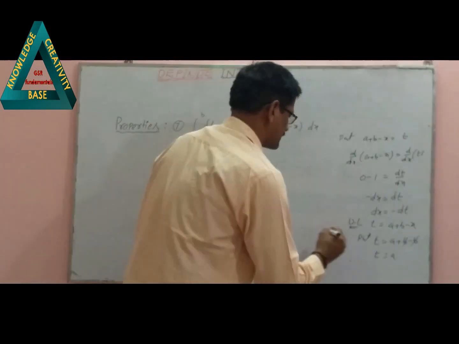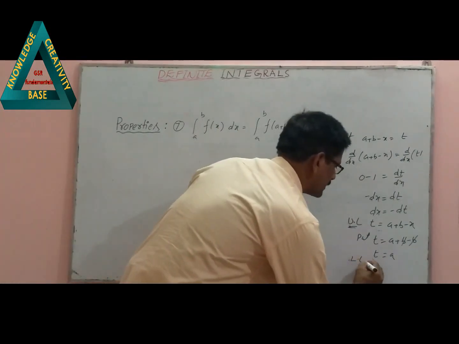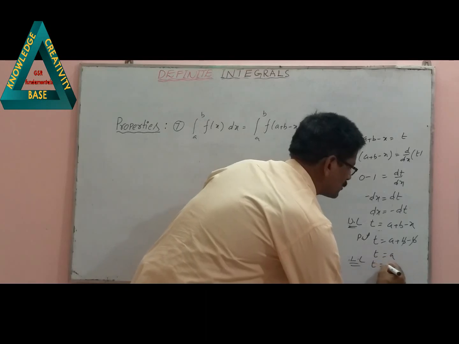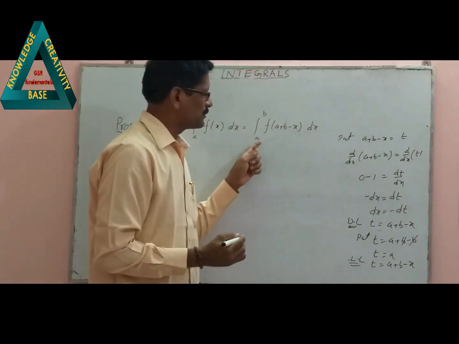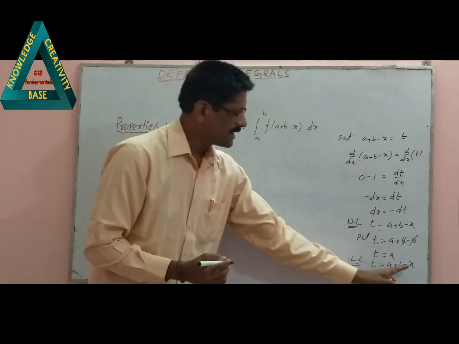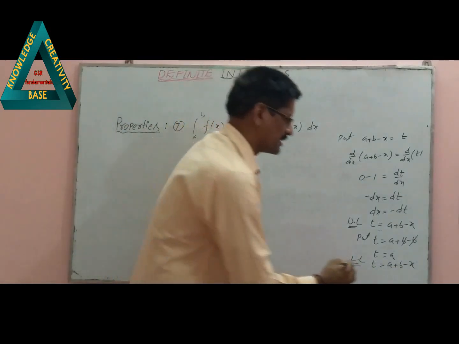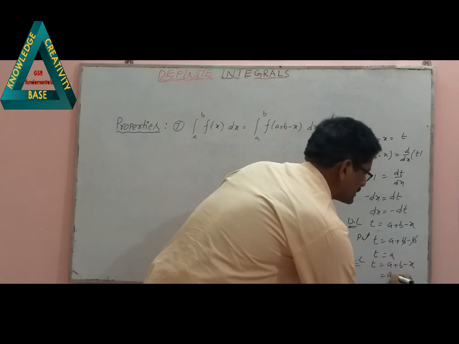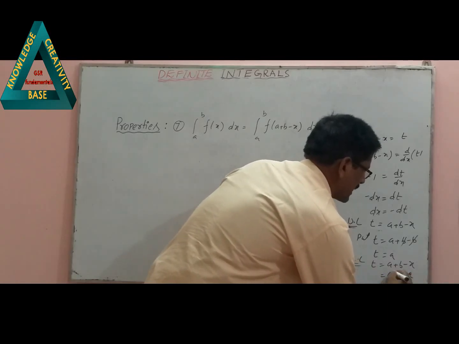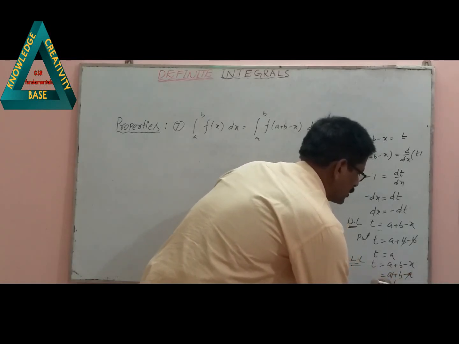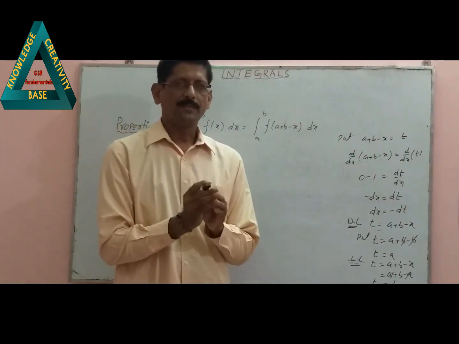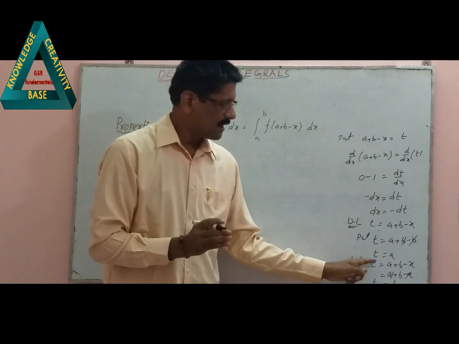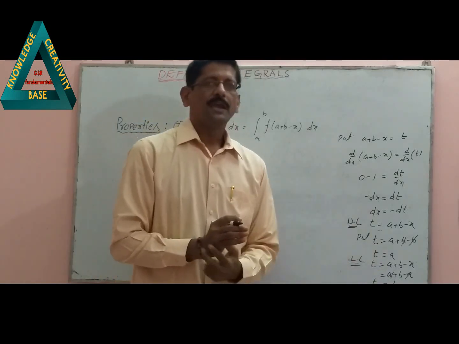What is the lower limit? t is equal to a plus b minus x, put the x variable's lower limit, which is a. Here a minus a cancels, that is equal to b. So the upper limit and the lower limit of the variable t are a and b.